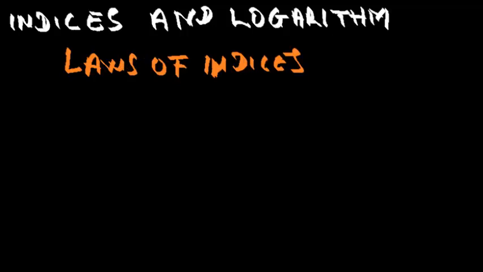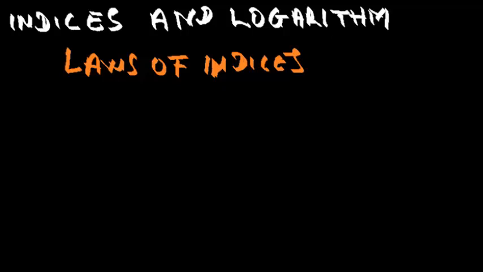The laws of indices, as I said earlier, help us to solve questions involving indices, and they are very, very important, which you need to know if you want to solve or understand indices. You have to understand how the laws work.